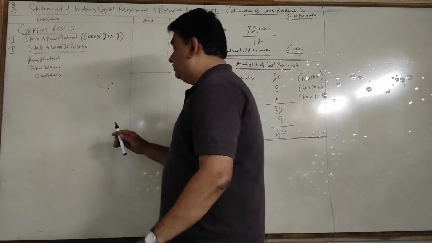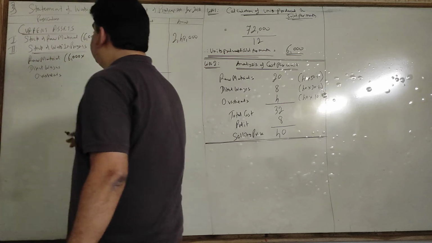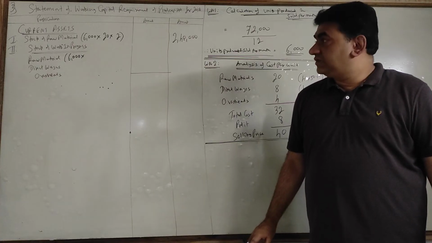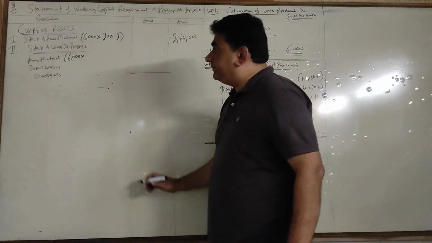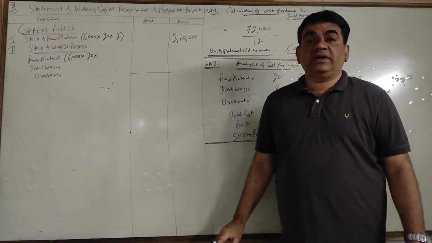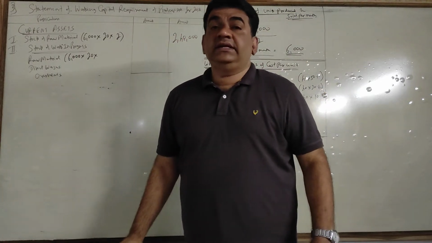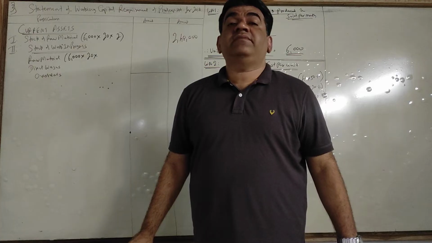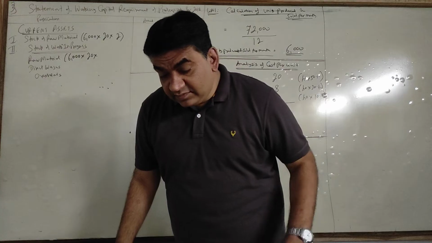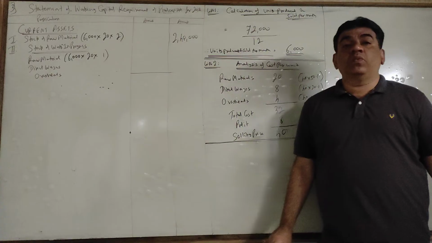So what you do? Put a bracket. 6,000, multiply by same material. Material cost is 20. So multiply by 20. Now guys, see the period of WIP. WIP period is nothing but the time the production process takes. What is given there? Production process takes 1 month. So you will multiply by 1.